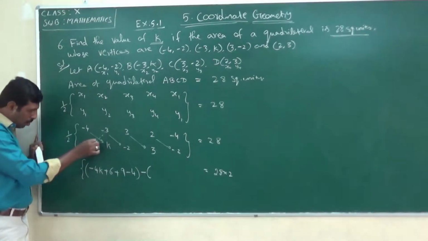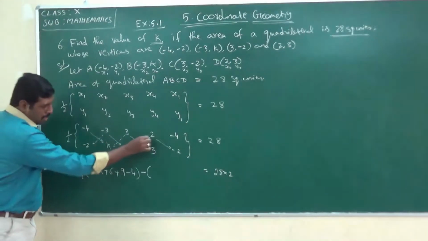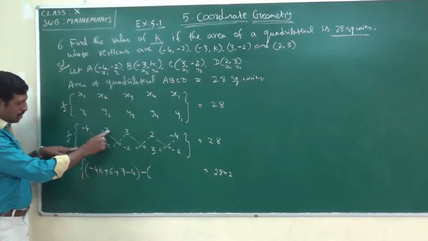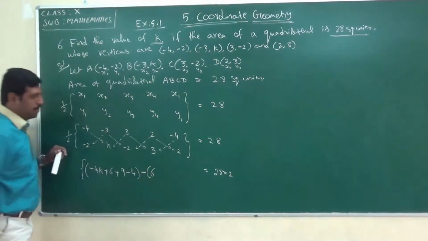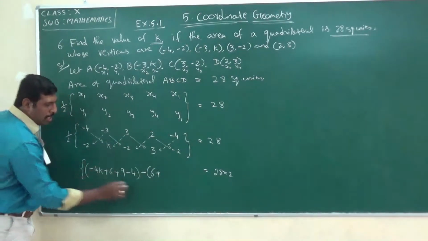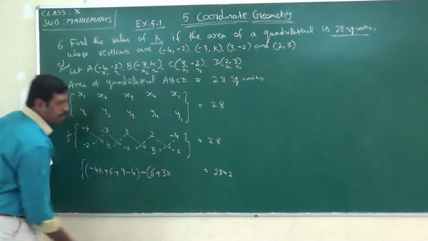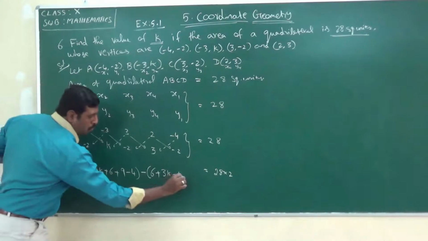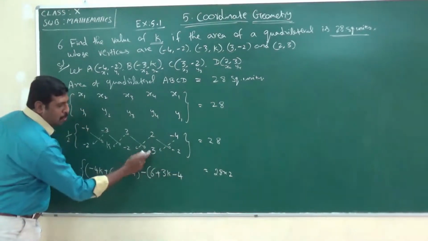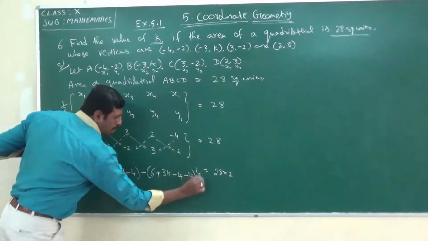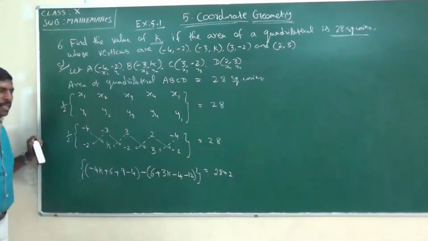Minus into minus plus 3 2s are 6. Both having the plus symbol, so put plus, 3 into k is 3k. Here plus into minus, minus 2 2s are 4. Minus into plus, minus 4 3s are 12. This term is equal to 28 into 2.